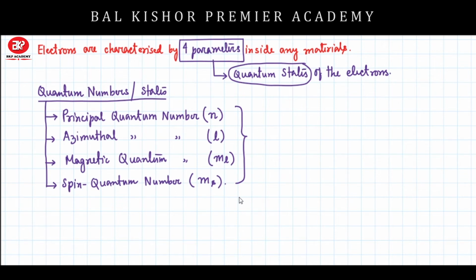That means an electron will be identified by these numbers n, l, ml and ms. Every electron has phone numbers; by these phone numbers, we can identify them.